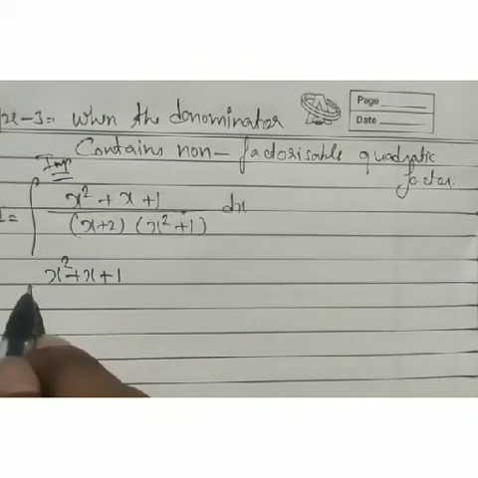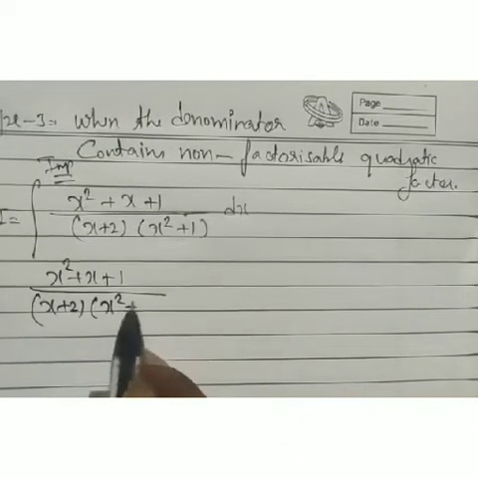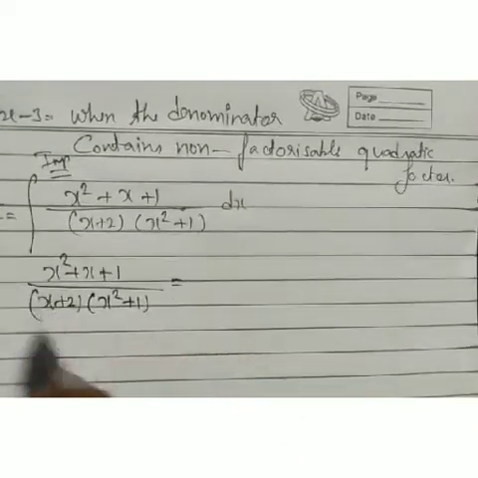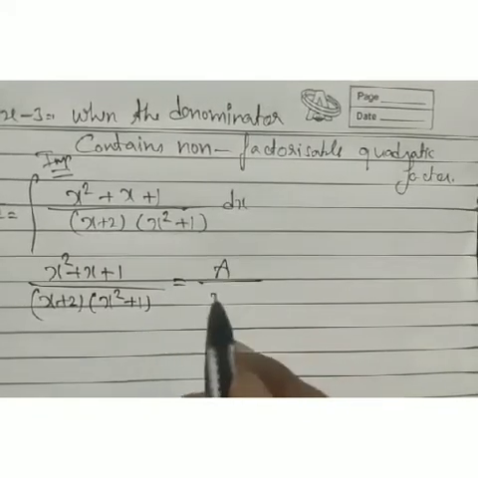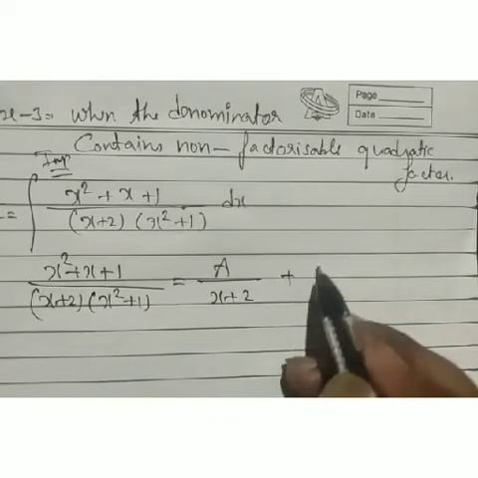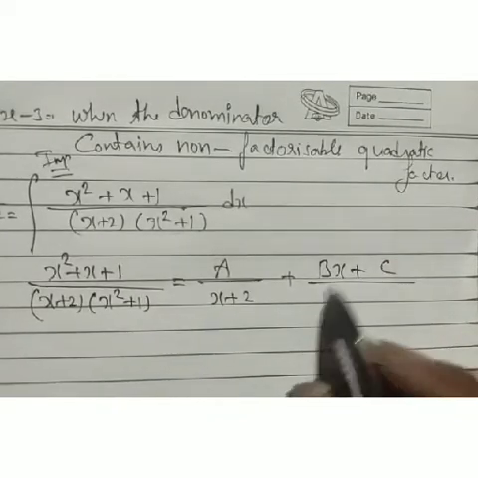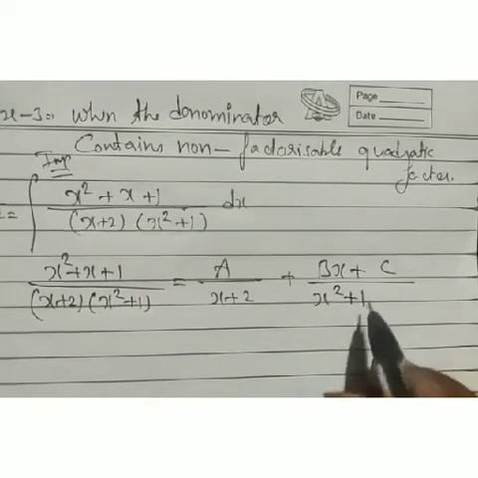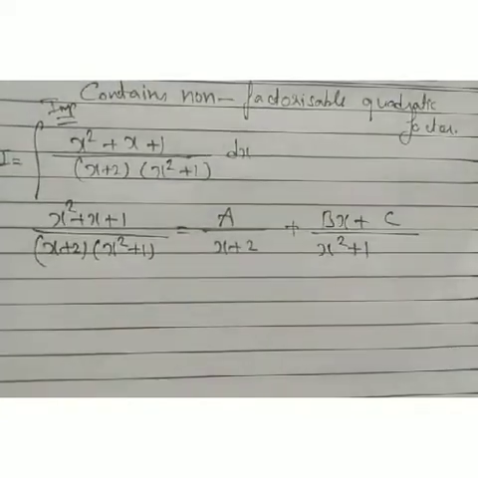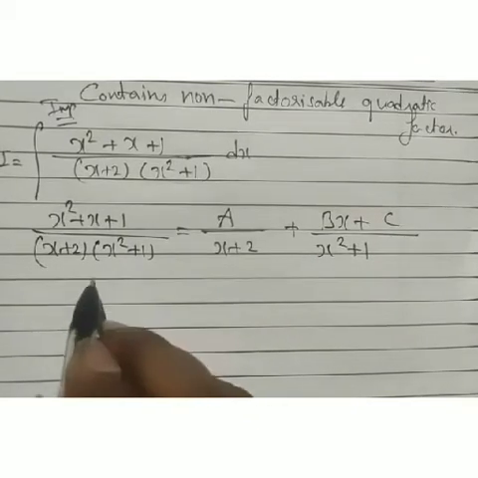Now x square plus x plus 1 divided by x plus 2 into x square plus 1. Look, this is our linear factor, so write a upon x plus 2, and this is our quadratic form, so we take bx plus c over x square plus 1. This is our required format. Now what do we do?